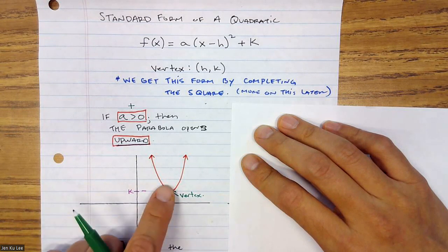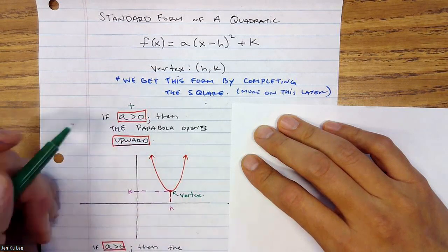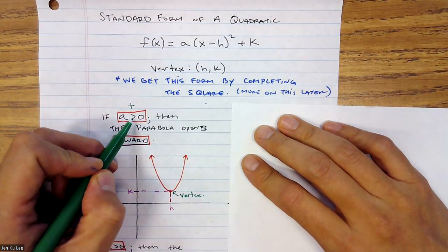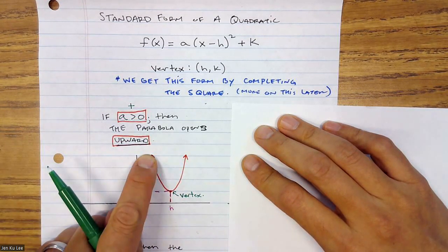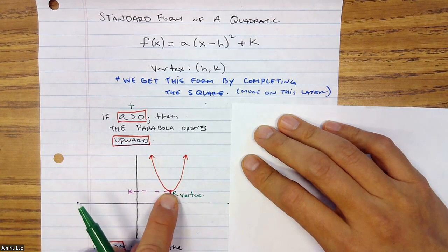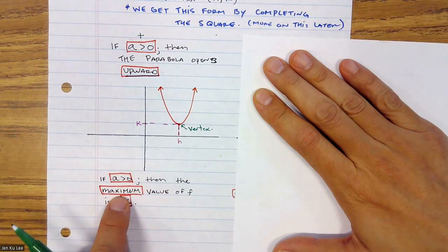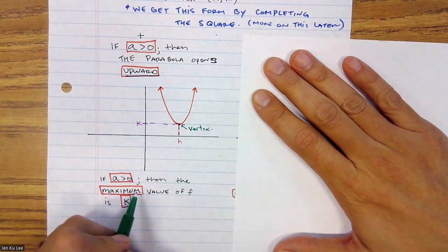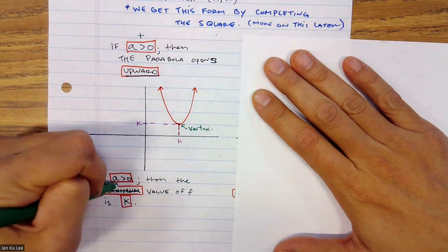Here's a train of thought. If a is positive, or greater than 0, then I know it opens upwards, and that's going to be my vertex. And if a is positive, then this here is my minimum value.